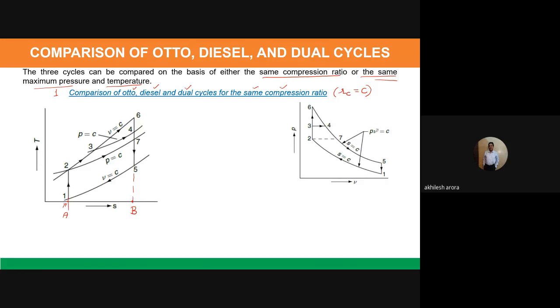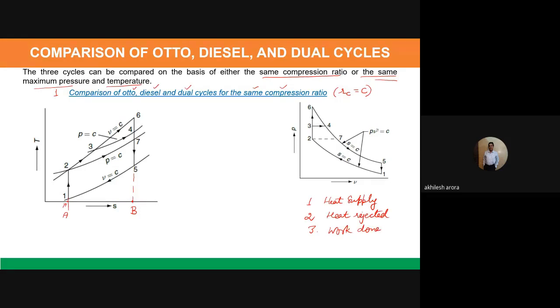The first is the heat supply, how much heat I am supplying in each of these cycles. The second is heat rejected. The third is work done during the cycle, and the fourth is the efficiency of the cycle.